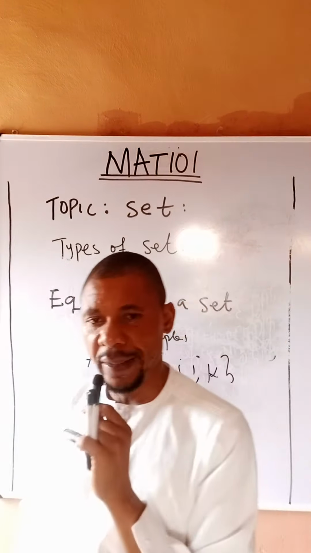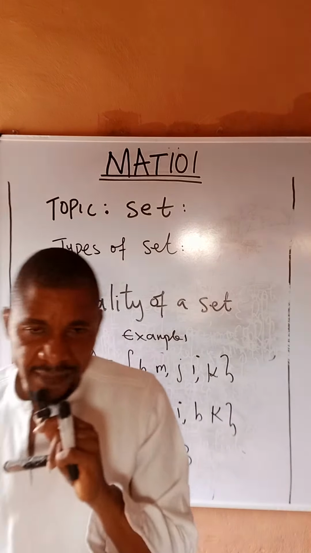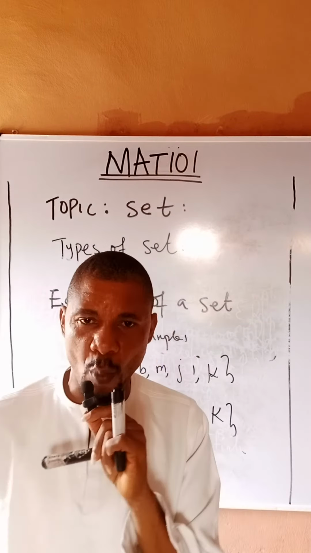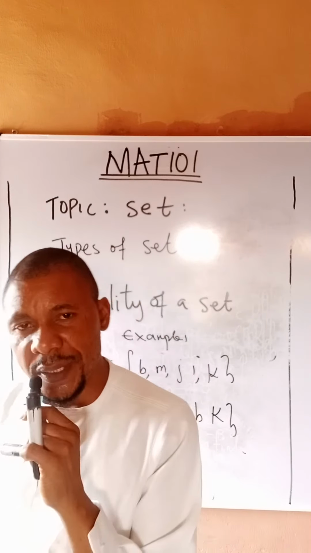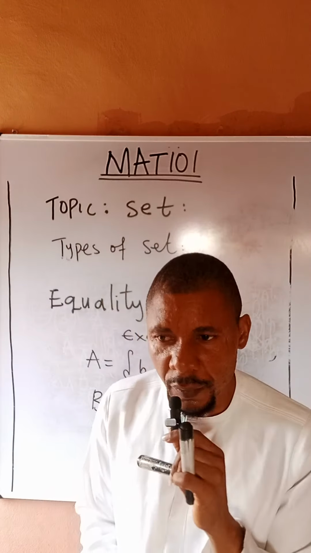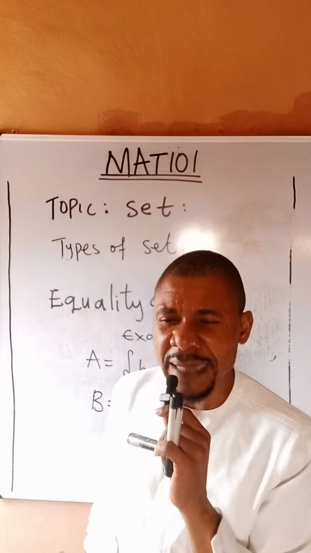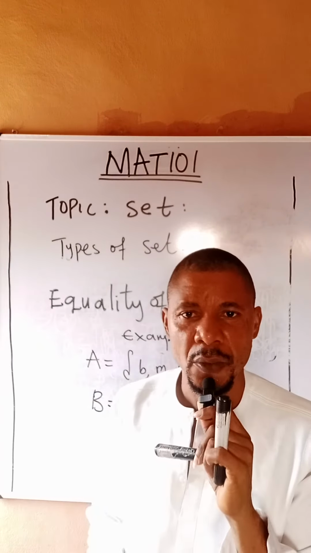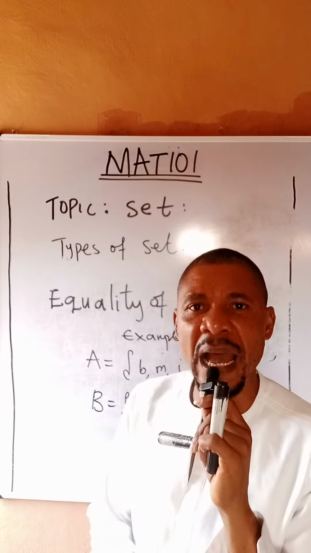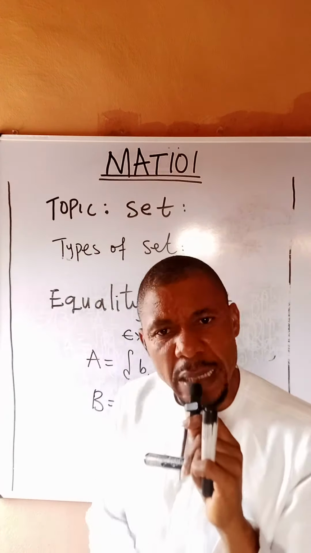I also want to use this opportunity to explain the difference between sets that are equal and when two sets are said to be equivalent. When two sets are said to be equivalent, it means that the two sets contain the same number of elements. What we consider in equivalent sets is that they contain the same number of elements, though the elements themselves may be different.